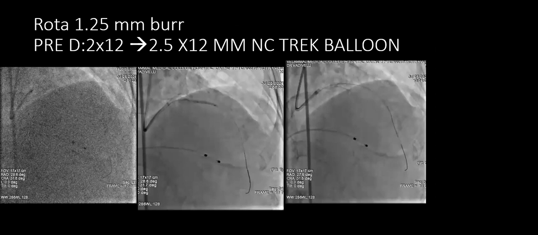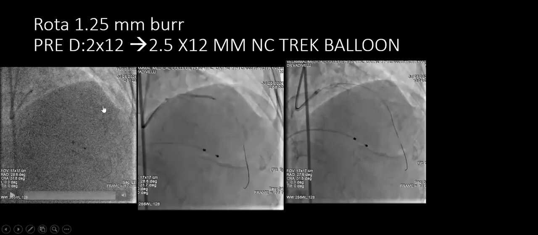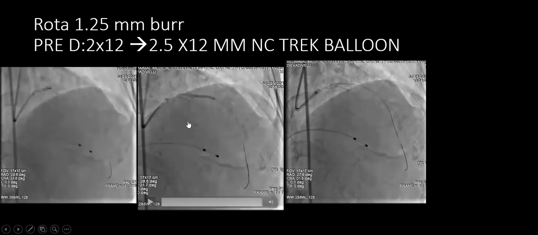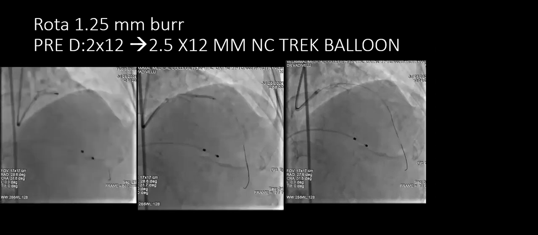If the lesion could be crossed easily with FineCross, then you can use a 1.5 mm burr. Because sometimes if you can't cross it with FineCross, then you may find it difficult to cross with a 1.5 mm burr, right? So after rotablation, predilatation was done with 2 and 2.5.